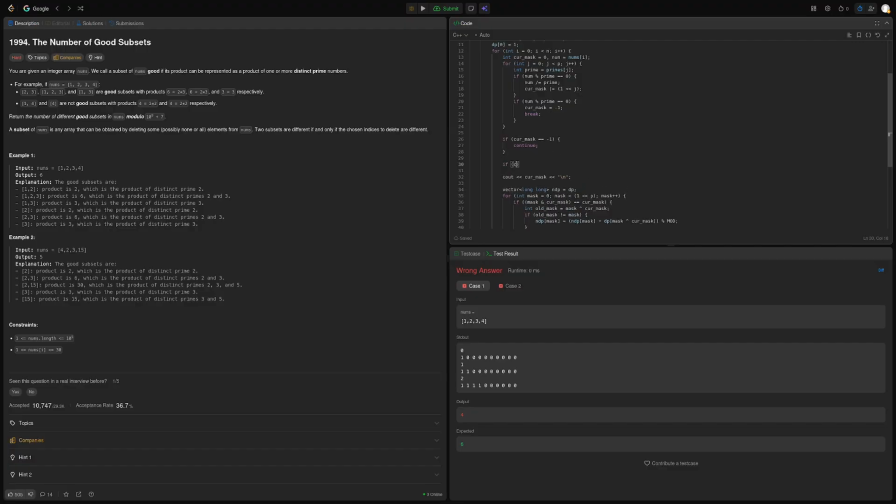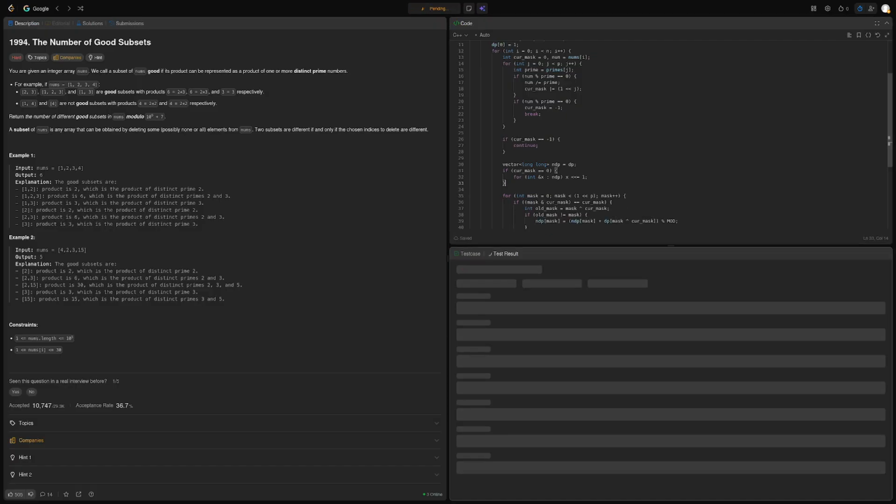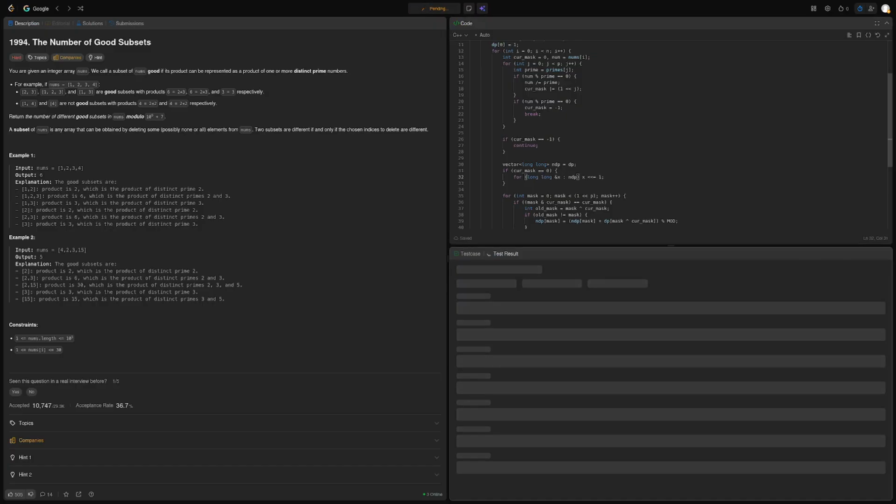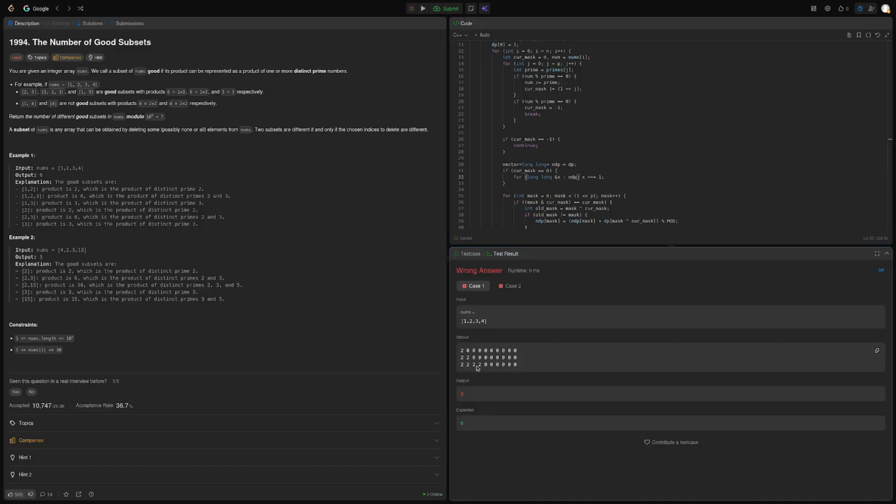So if current mask is 0, then, oh my days, what the hell? For int x in ndp, x shift by 1, maybe. Okay, so you can't bind long into int, that's fair.